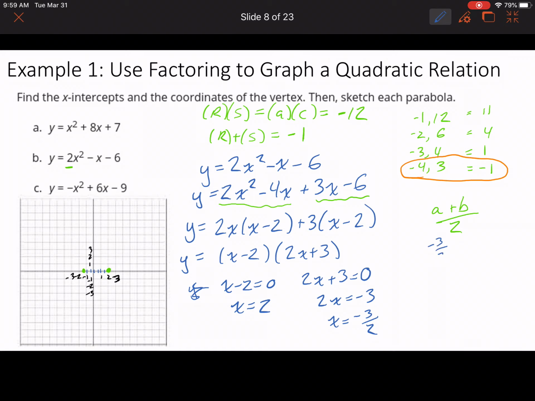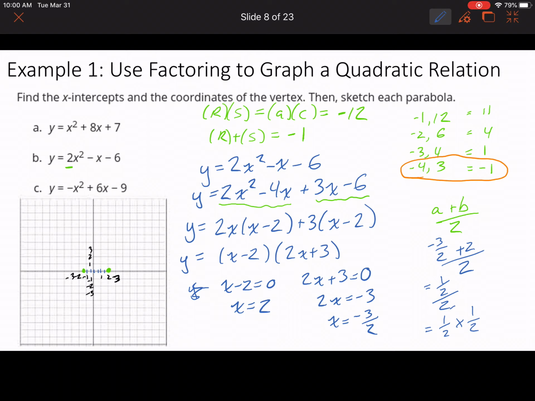So if we go -3/2 plus 2, divided by 2, we end up with 1/2 divided by 2, which equals 1/2 times 1/2, because we inverse and multiply.